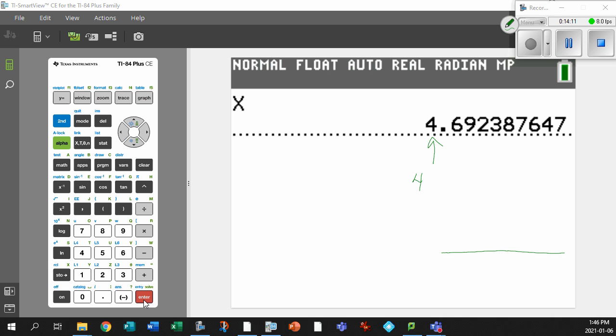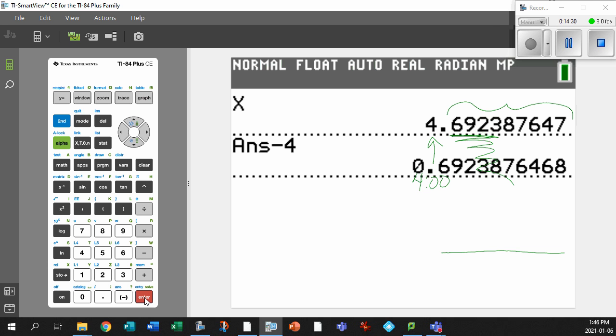That's 4 a.m. But wait a second. It said to the nearest minute. So I got this 0.69 here. Guess what? That's 0.69 of an hour that we have to now convert into minutes. So how do I do that? Well, first thing I would do is get rid of that 4 because I know it's 4 o'clock in the morning. So I'm now just left with this section here, which is going to be converted into minutes, right?